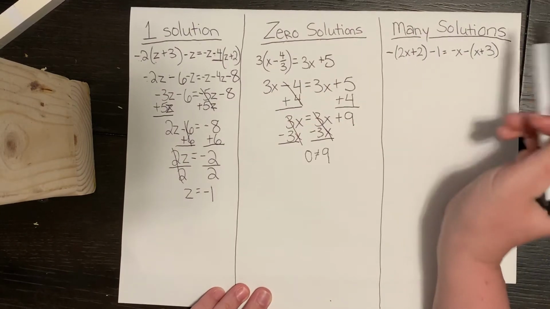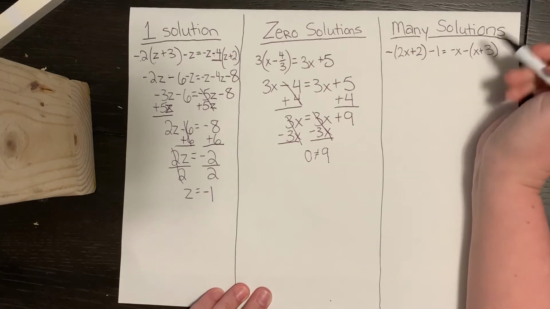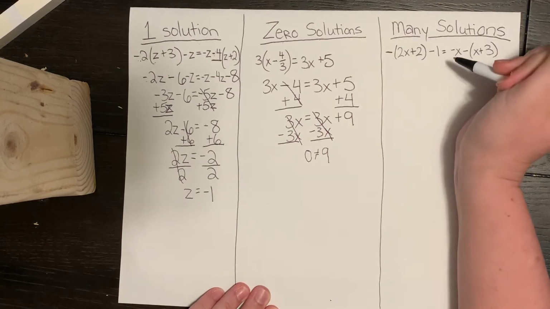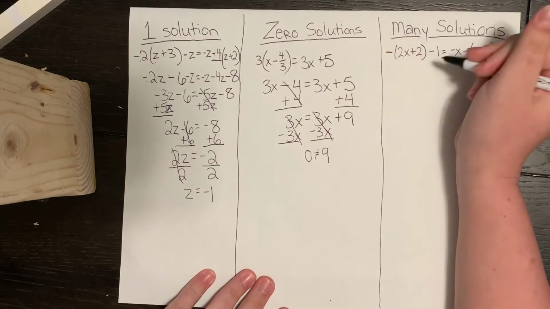Okay, then the next one is when you have many or infinite solutions. So let me just show you another example. I have to distribute this negative. I'm going to pretend it's a negative 1 and I have to distribute it.